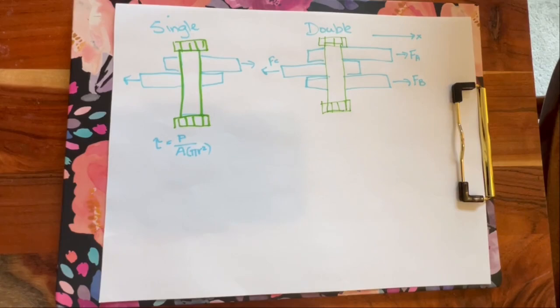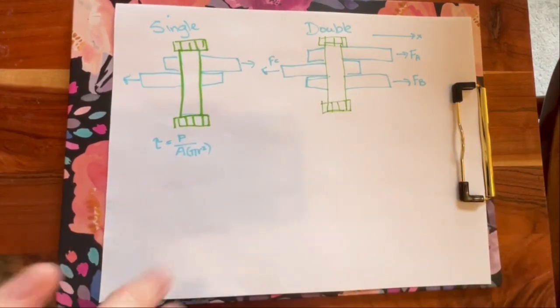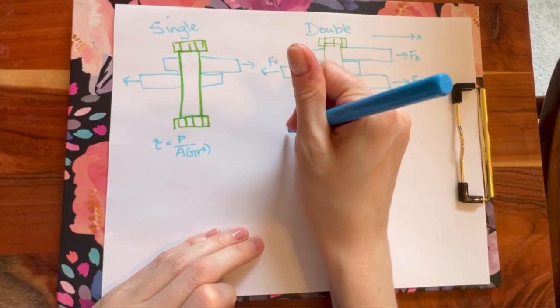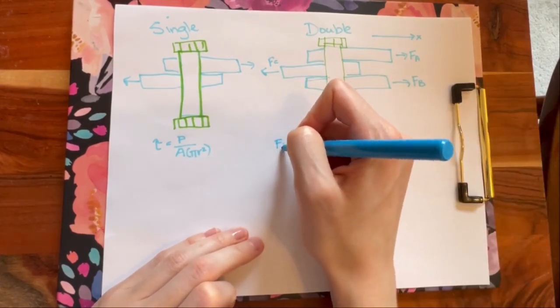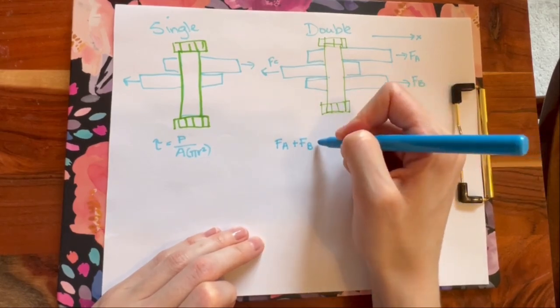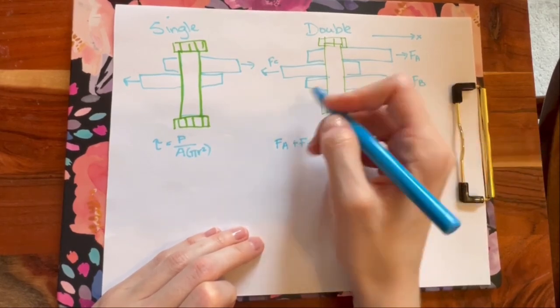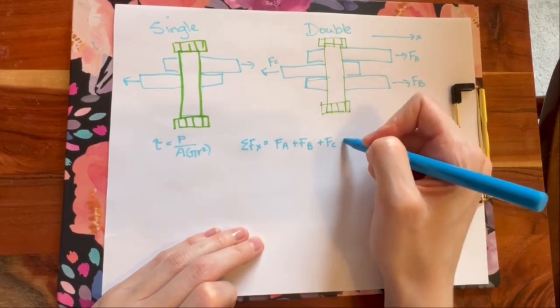And when we're dealing with forces, if you have an object that is not moving, then all of the forces sum out. So FA plus FB plus FC, the sum of forces in X, is equal to 0, right?